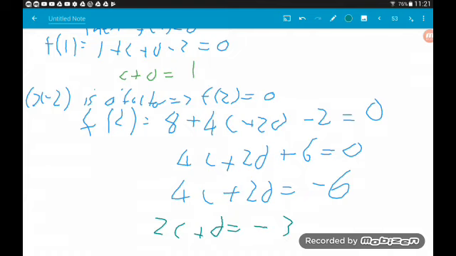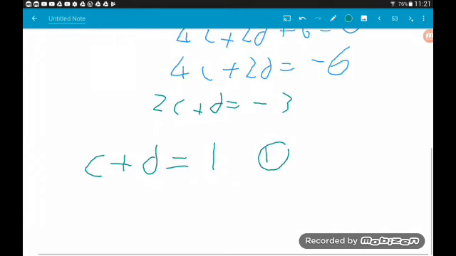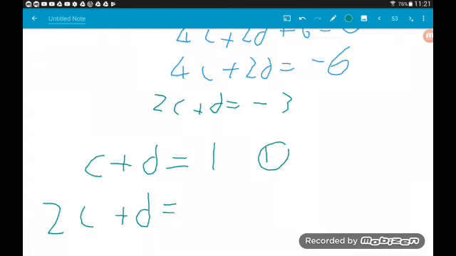So we've now got our two equations. It's now simultaneous equation time. So we've got c plus d is equal to 1, which is equation 1, and 2c plus d equals minus 3. So that's equation 2. Now we're in a happy position here because we have two equations, both with the same amount of d in them.